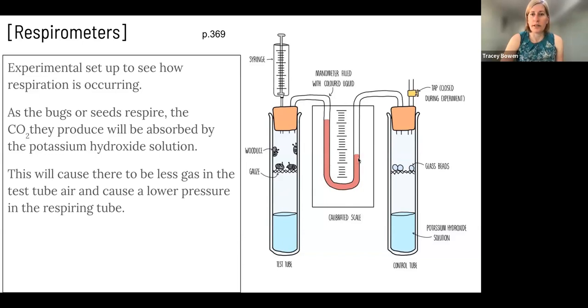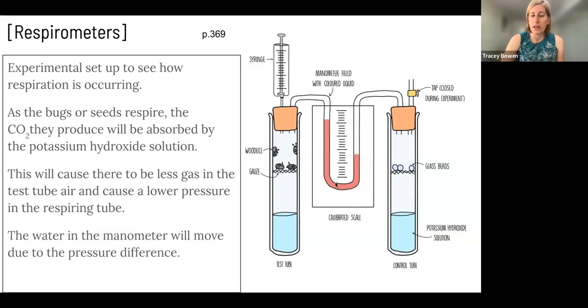With a pressure decrease, the liquid inside the tube, this measuring device called a manometer, is going to rise towards the low pressure area. And you would then be able to measure through these graduations on the manometer how much change is occurring over time with different seeds, for example, different temperatures, different environmental conditions.